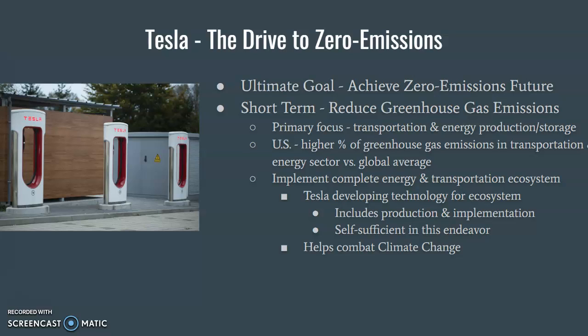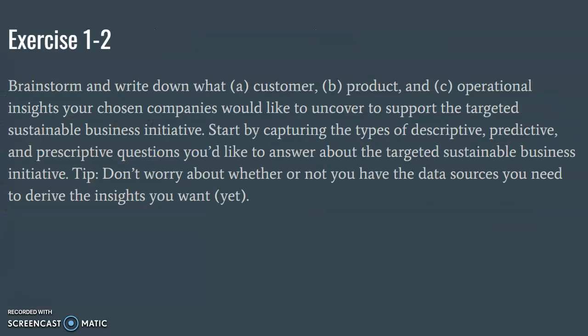Those steps can include implementing complete energy and transportation ecosystems, developing things for production and implementation, creating automation so that the factories are more self-sufficient, reducing waste, and also limiting emissions. All of these steps would combat climate change as a whole, something that our team is very passionate about.